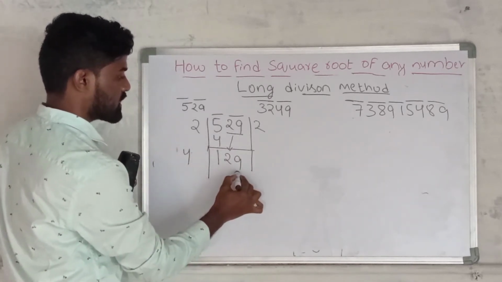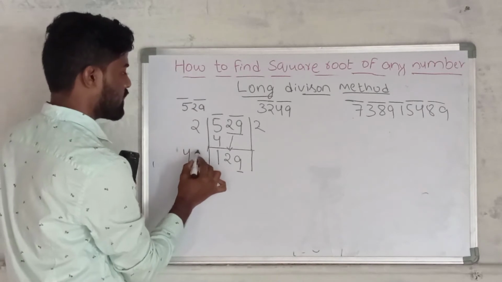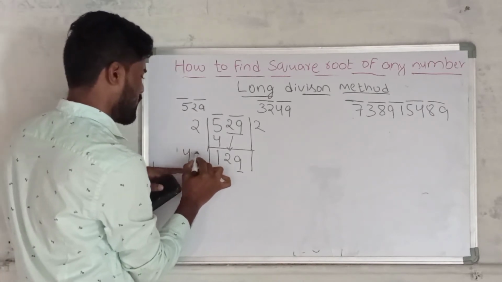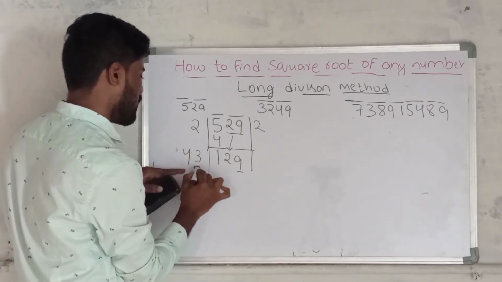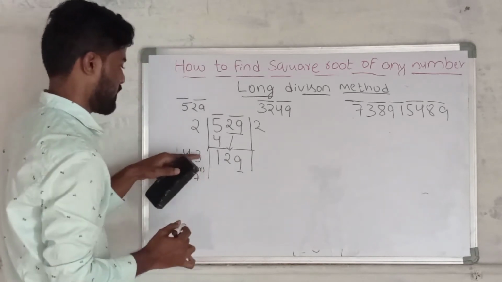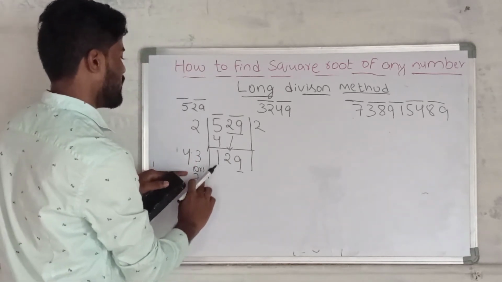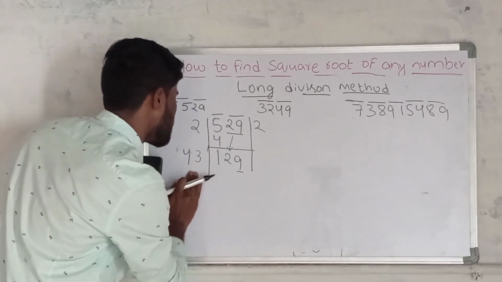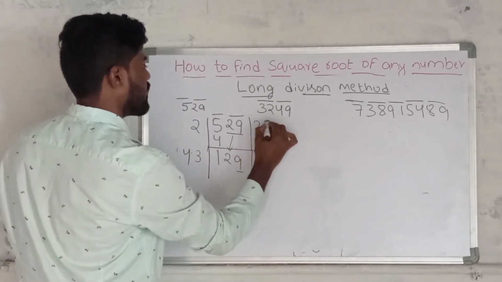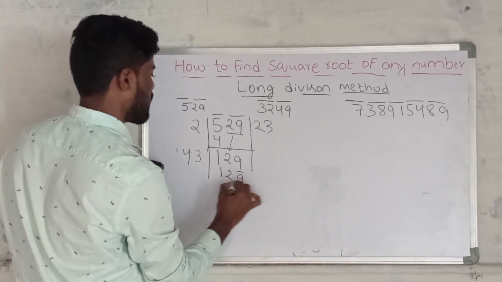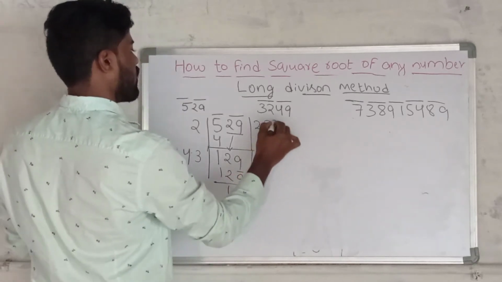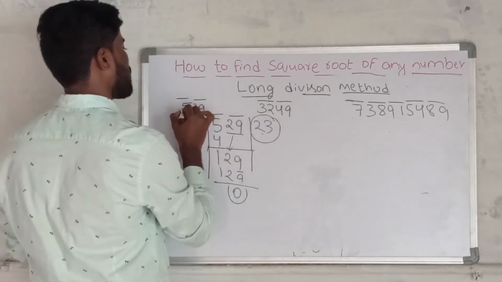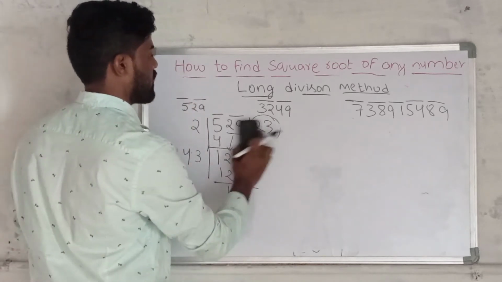Here the last digit is 9, which means 3 or 7 should be there. If we take 7, it is an excess of 129. That means we should take 3. 43 into 3 is 129. So 23 is the square root of 529.